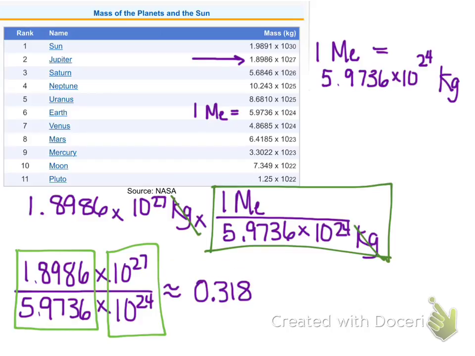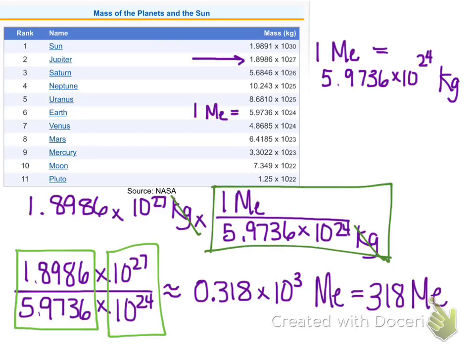All right, and then the power of 10 part gives me times 10 to the 3rd, 27 minus 24, it's my exponent of 3 here, and my units is MEs, because that's what I'm left with up here. So I've got 0.318 times 10 to the 3rd MEs. Because this is a pretty reasonable number, I'm just going to rewrite this as 318 MEs.